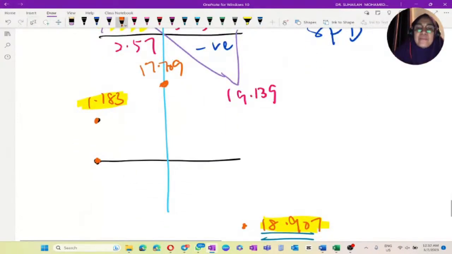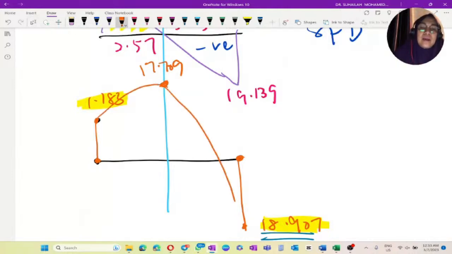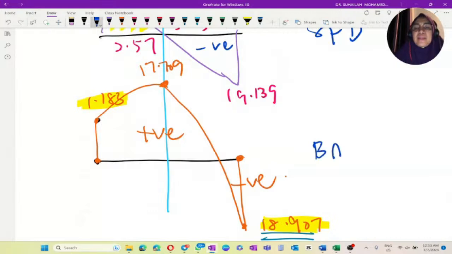The diagram must close loop. So now we just need to join all this. And remember, for UDL, we will get bending moment diagram curve line like this. So this is positive and this is negative. So this is the bending moment diagram.